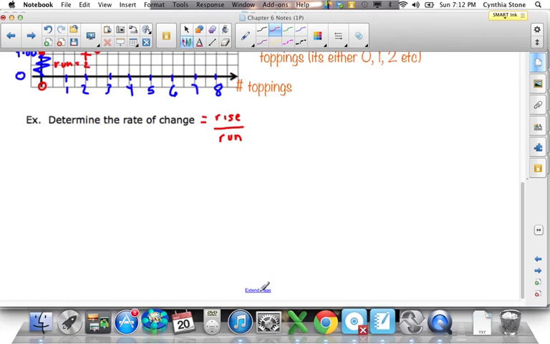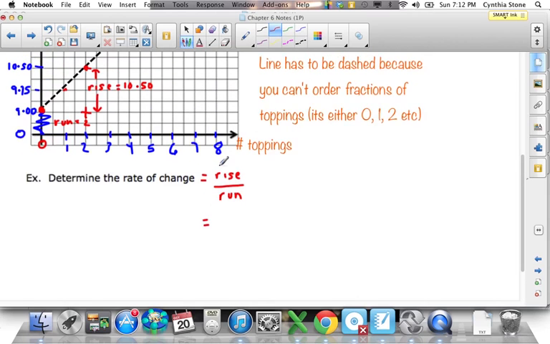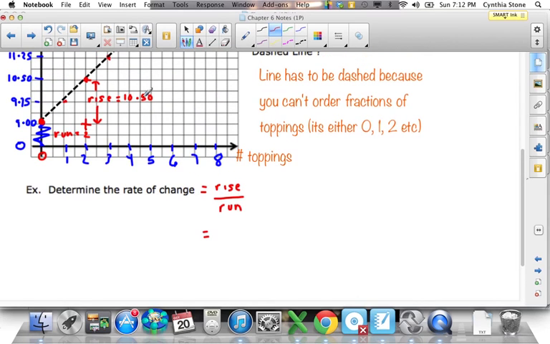So my rise, whoops. Oops, that was really, really dumb. My rise was not 10.50. It's 10.50 subtract 9. It's how much it's changed from here to here. So that's going to be $1.50.